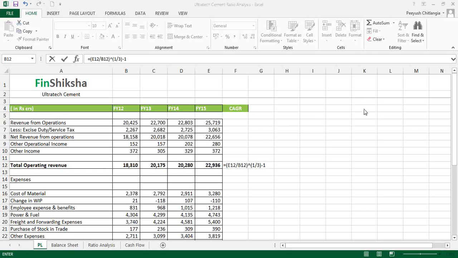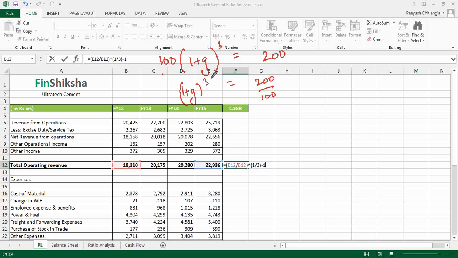Let's understand what formula we have chosen. If sales were 100 and they were growing at a growth rate of G for 3 years to become 200, what we are doing is calculating G, which will be: 1 plus G to the power 3 is equal to 200 by 100. Take 3 on this side, so we have 1 by 3, and G is equal to 200 by 100 raised to the power 1 by 3, minus 1.